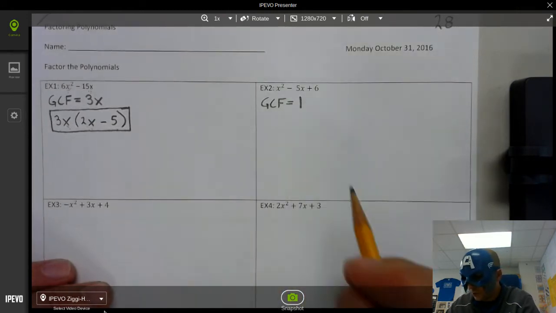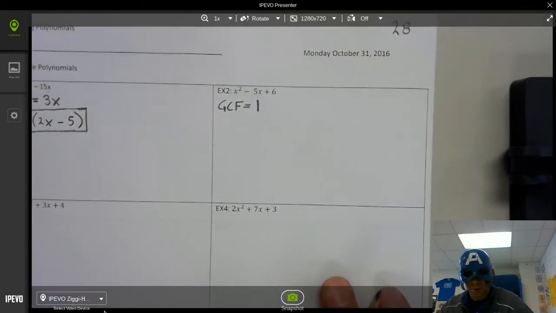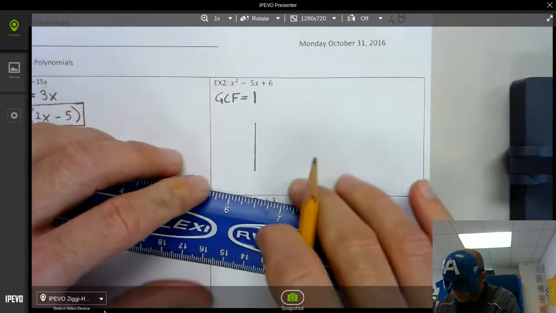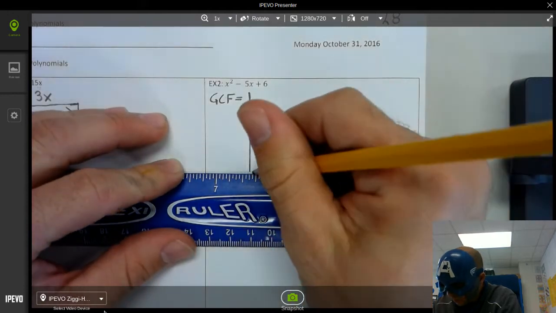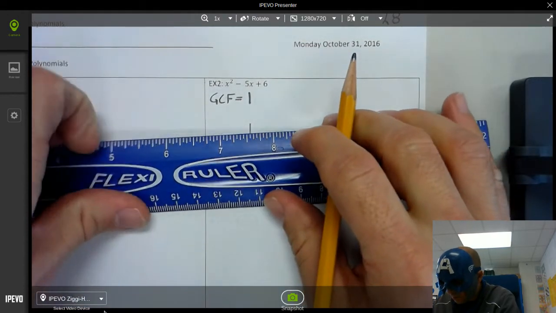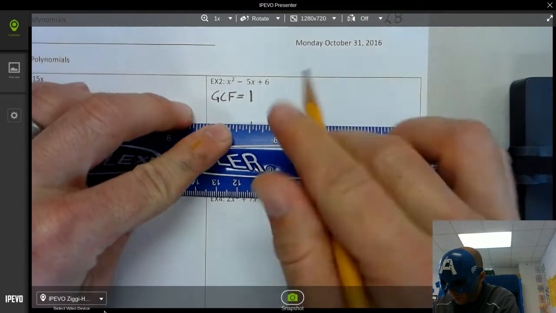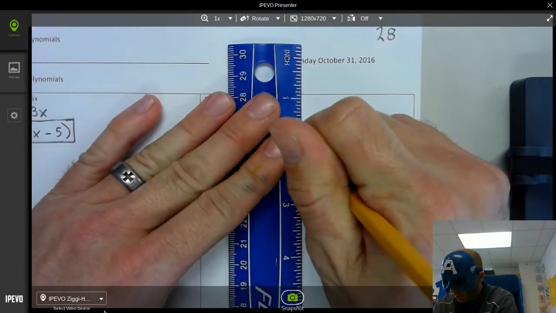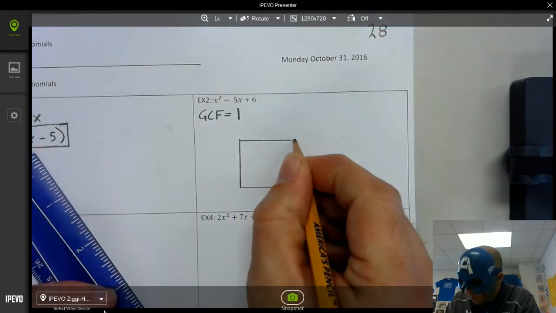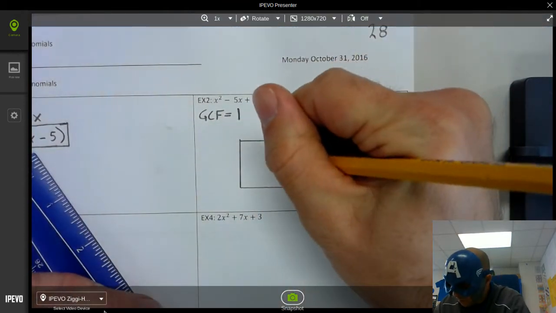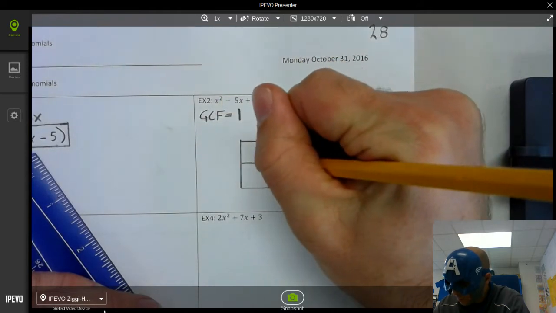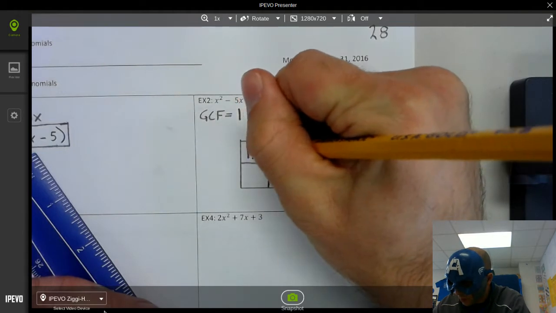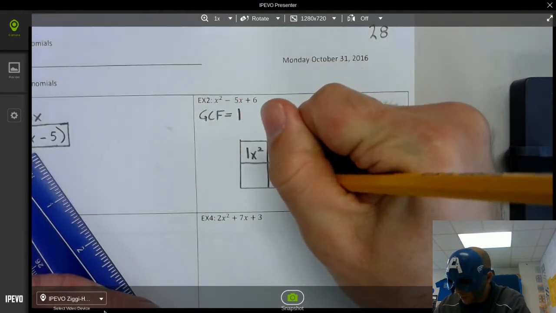It's a trinomial, so we draw our box. So for x squared, I'm going to put 1x squared and 6.